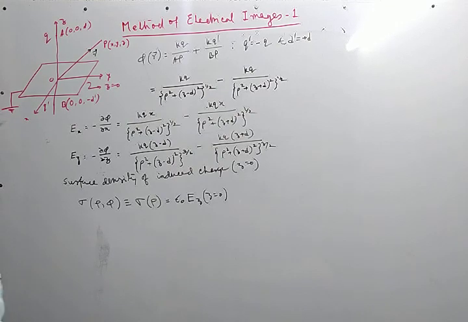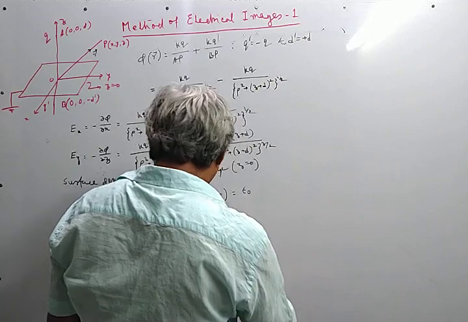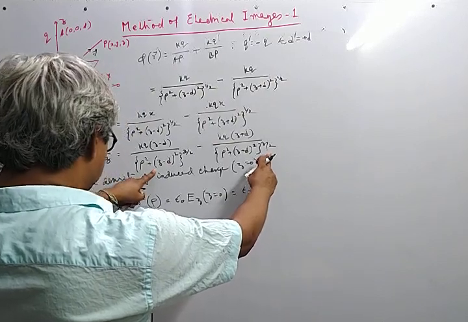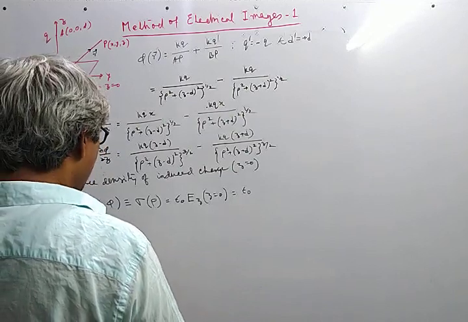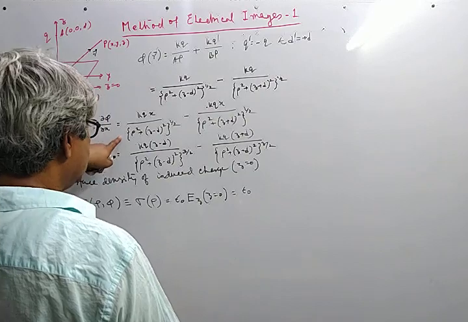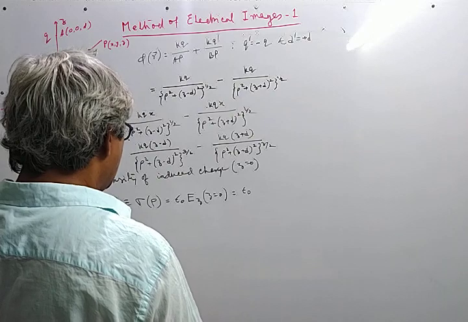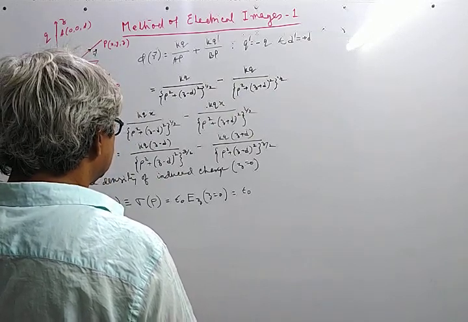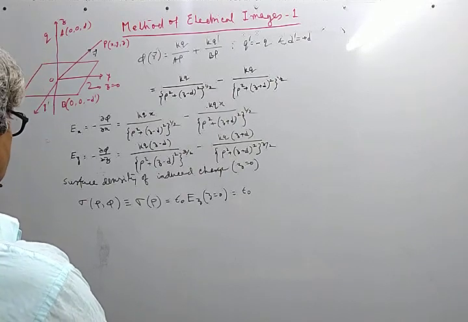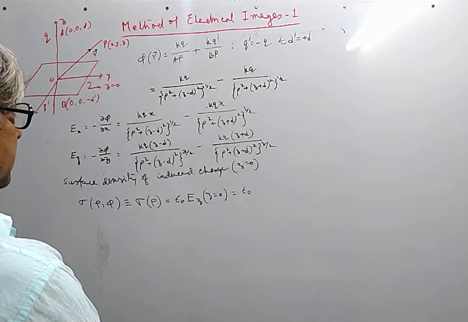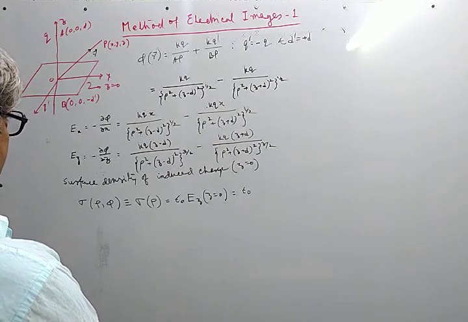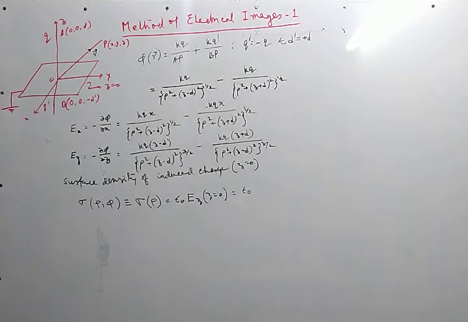This is the field. So if we put z equal to 0, these two terms, there is a sign problem. I have made some mistake somewhere. This is minus, and if we differentiate it with respect to z, something is missing.